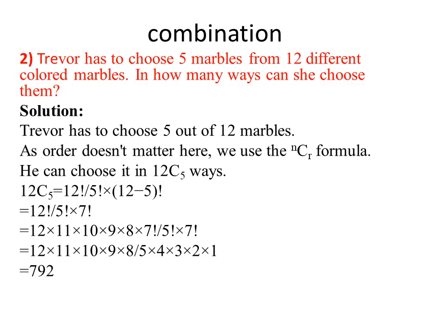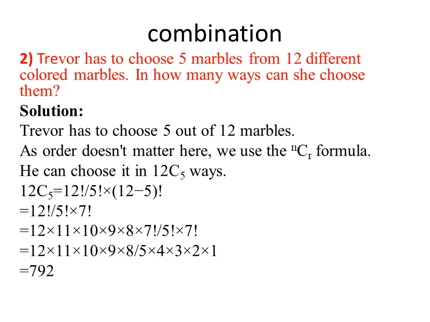Trevor has to choose 5 marbles from 12 different colored marbles. In how many ways can she choose them? Trevor has to choose 5 out of 12 marbles. As order does not matter, here we use the nCr formula.